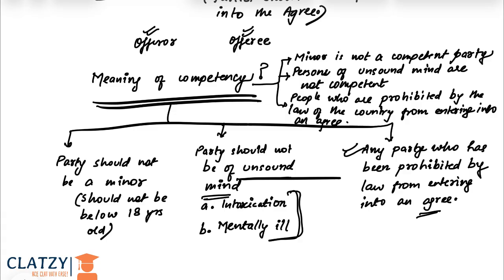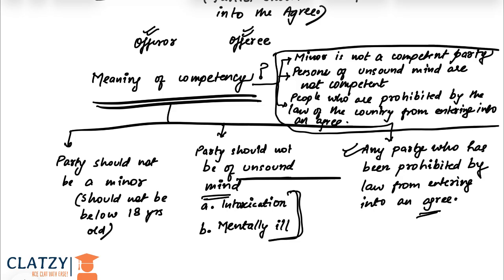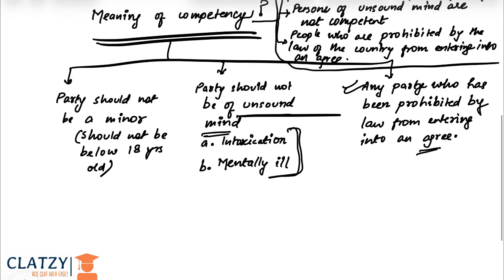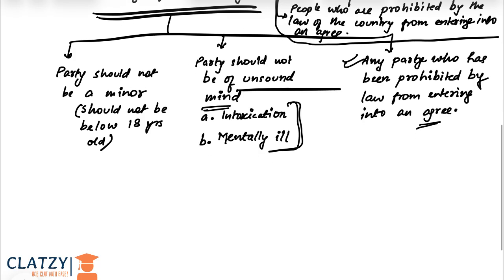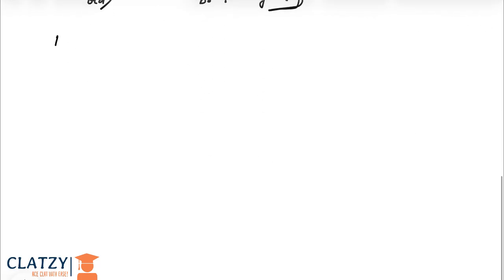So all these three categories, minor, persons of unsound mind, and people who are prohibited by the law of the country from entering into an agreement, all these people are incompetent parties. So we can say that all these people are incompetent. Incompetent for the purpose of what? For the purpose of entering into an agreement. All right. And today, our focus would be to understand the first incompetent party.